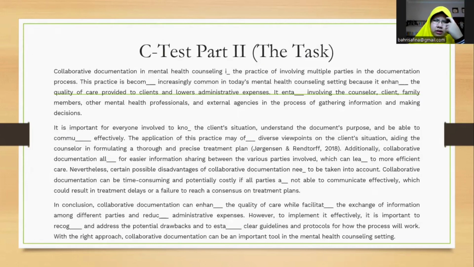And now, here is the second assignment of the C-test. In this assignment, I examined the students in their grammar ability, not only in basic grammar, but also in gerund, infinitive, and modal verb.